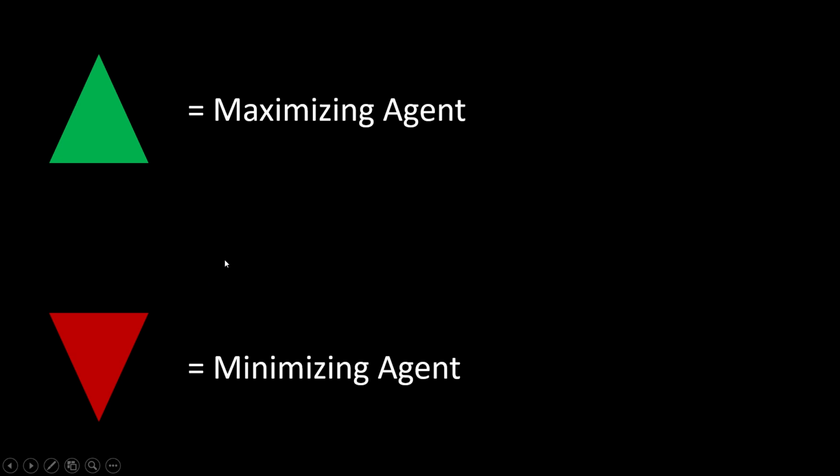Now, here comes the interesting part: how can I represent this? There's a tree, a node tree per se. For example, here I have a maximizing action, the green one pointing up, and the red one pointing down is the minimizing action.